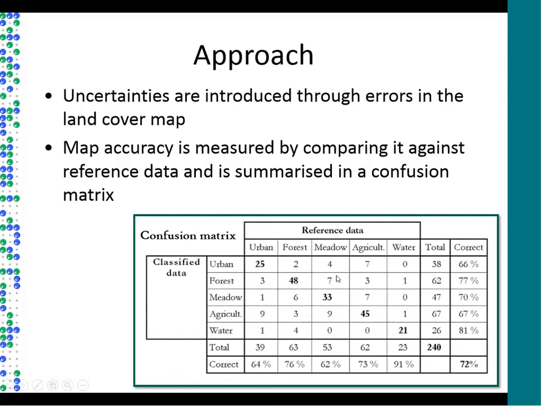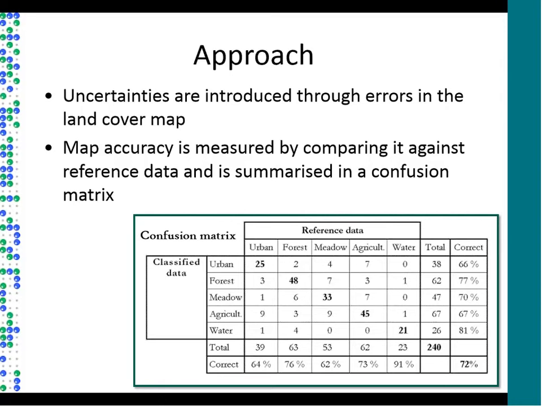There's an example here. It's created by comparing the classified map with the reference data. And this reference data, which we sometimes refer to as ground truth, actually in reality represents a more spatially detailed map or a set of sample points that we believe to be more accurate or reliable.